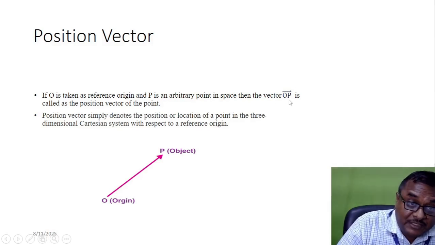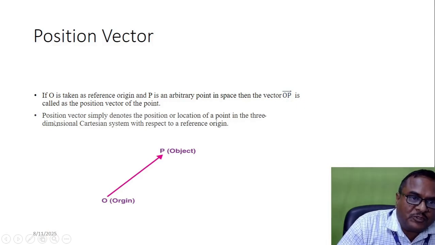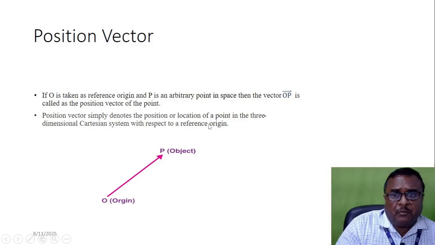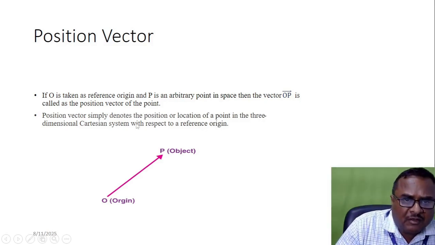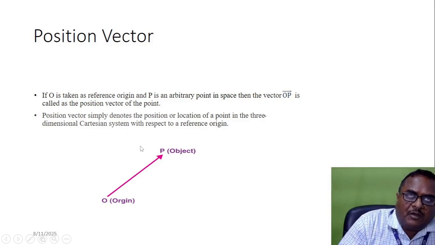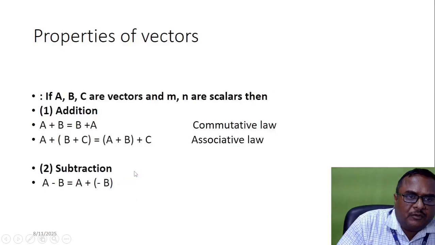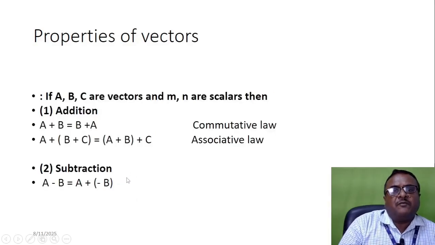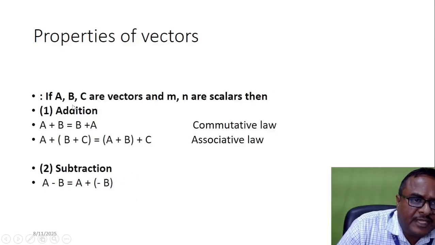Then the vector OP, denoted by OP vector, is called the position vector of that point. The position vector simply denotes the position or location of that given point. That point may be in a Cartesian coordinate system or cylindrical coordinate system.